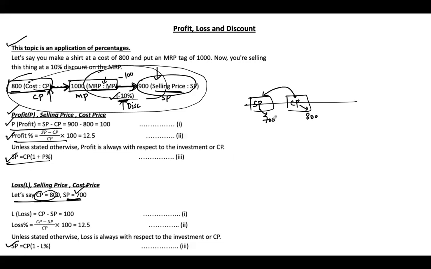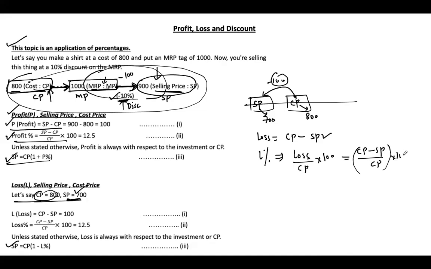What would be the loss here? 100. So I'm doing 800 minus 700. What would be the loss percentage? What is the 100 decrease upon the 800, the percentage decrease? Whatever the loss is with respect to the cost price into 100. So CP minus SP upon CP into 100.